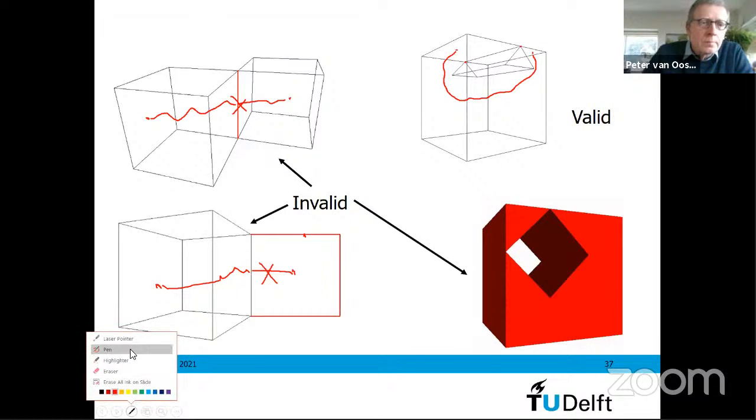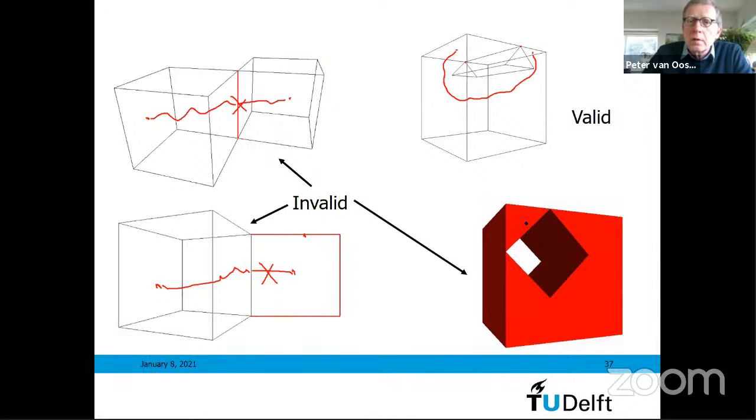Imagine if I'm somewhere here and I need to go to somewhere here or in the middle. I can only do that in this way, but then I cross a boundary to get here. And the only other option is going here in this direction, but I have the same problem.